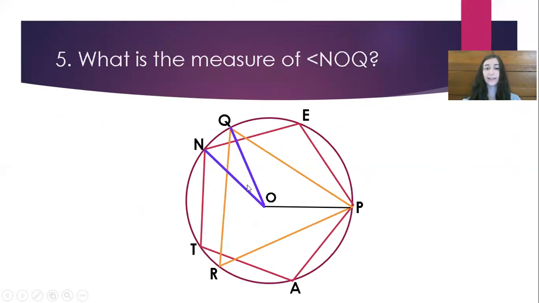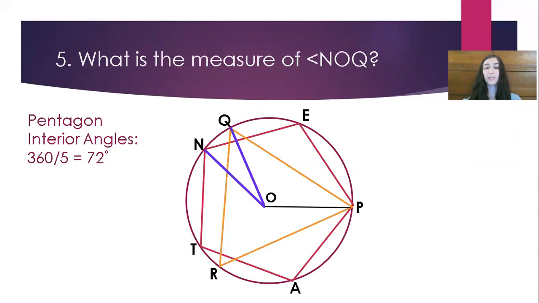And in order to do that, we're going to find the interior angles of the pentagon first. So we know that the pentagon all around is 360 degrees, and since there's 5 angles within the pentagon, we're just going to divide 360 by 5, and that equals 72 degrees.